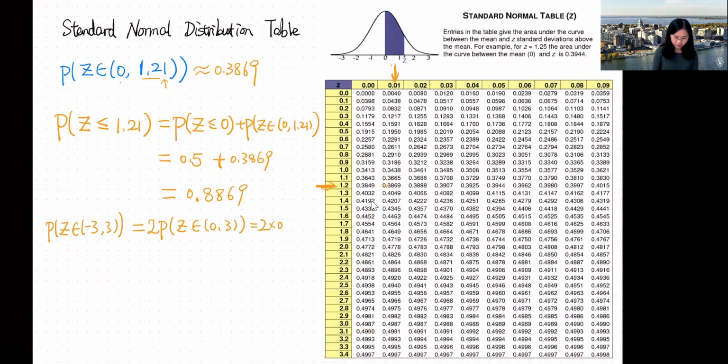2 times 0.4987, and that's approximate, and that is equal to, we can multiply 0.4987 by 2, and that should give us 0.9974.